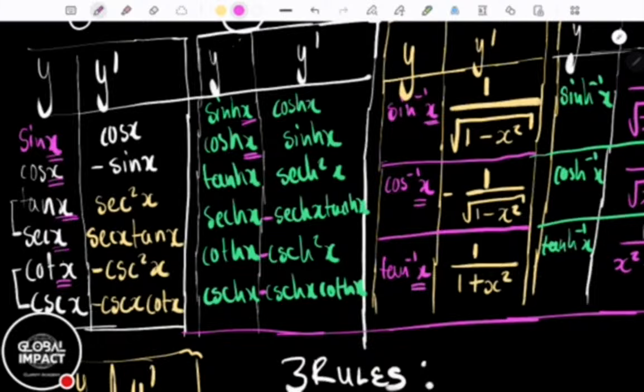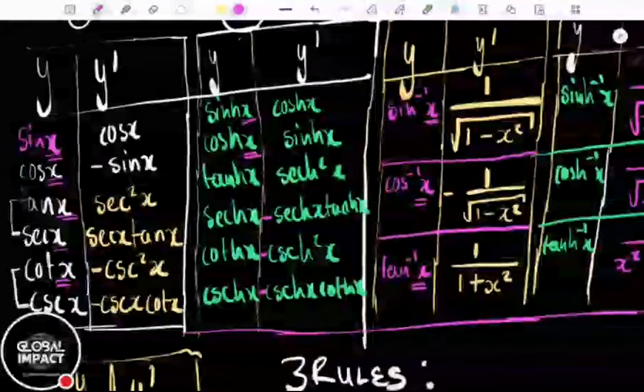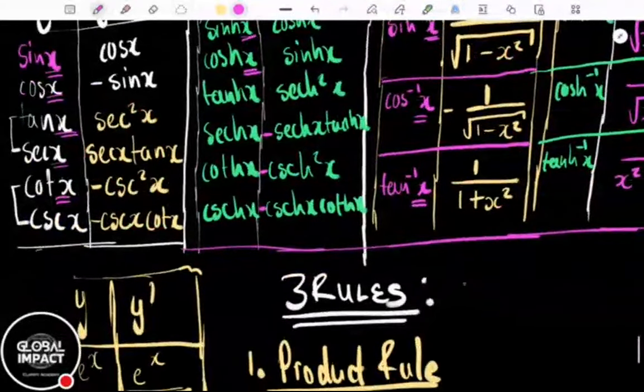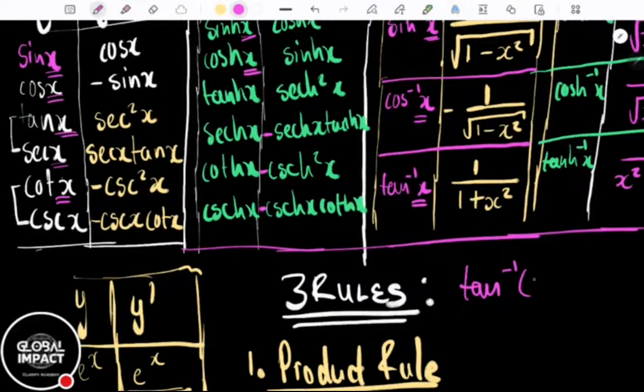But in a question, we never get it to be just tan inverse of x. It could be tan inverse of something which is not x. They could give you tan inverse of x squared plus 5, and they still want the derivative. So things are changing because you're now having tan inverse of something which is not an x.